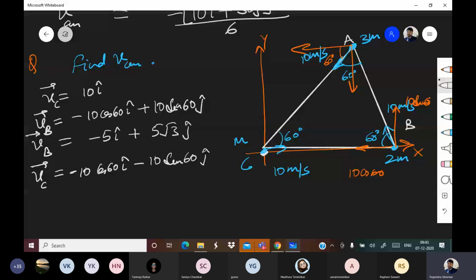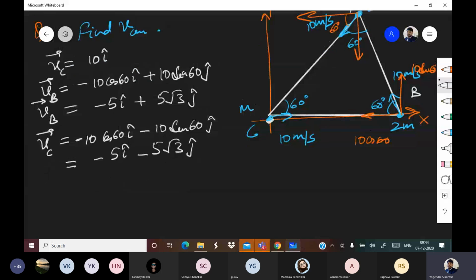So basically that comes out to be minus 5 I cap minus 5 root 3 j cap. All right.